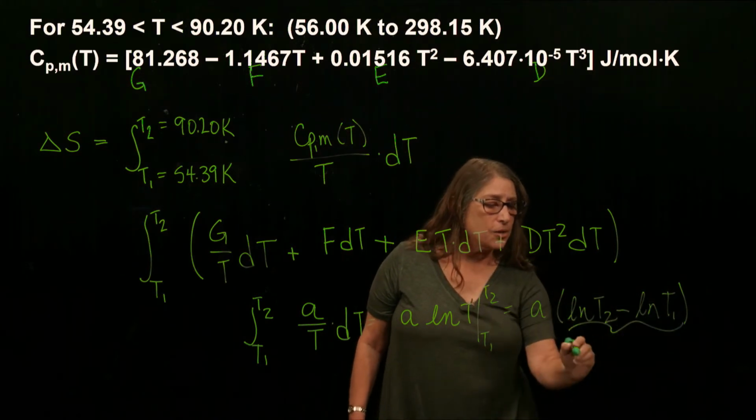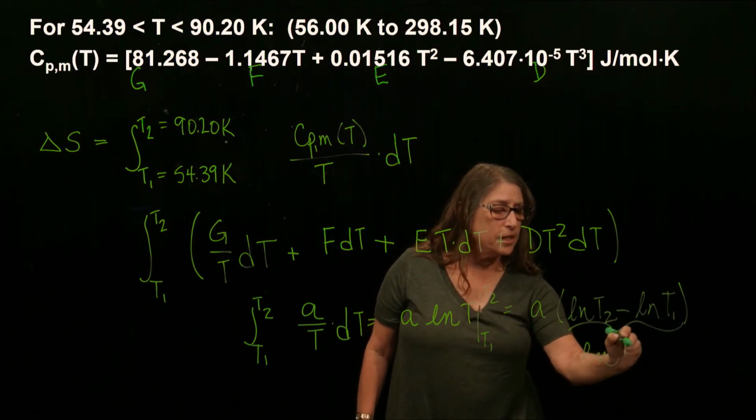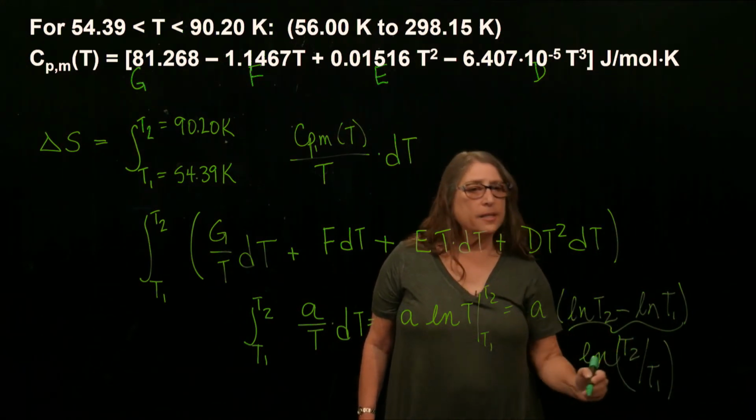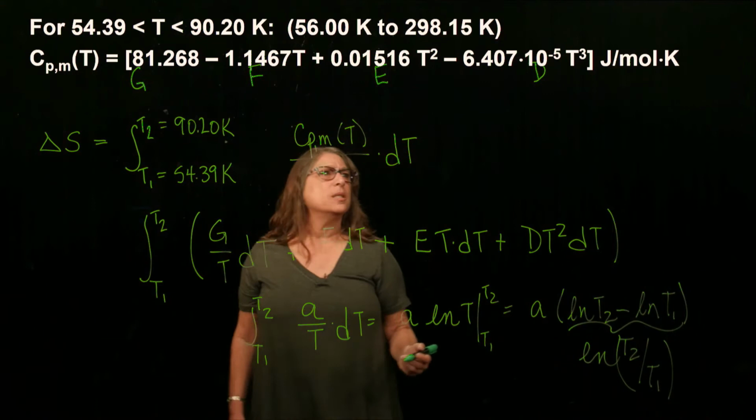And this is also the natural logarithm of T2 divided by T1. That's an identity property of logarithms.